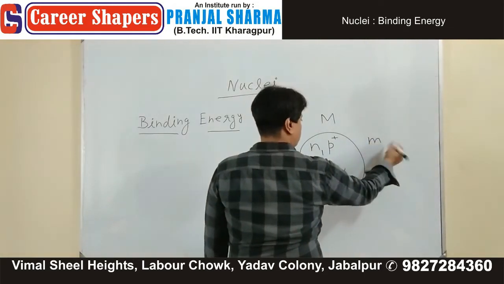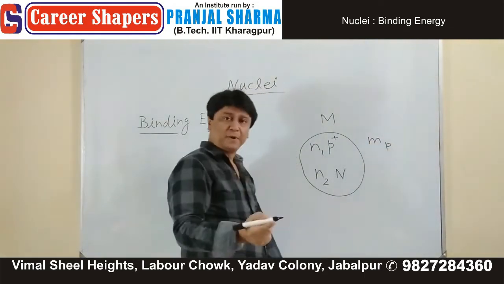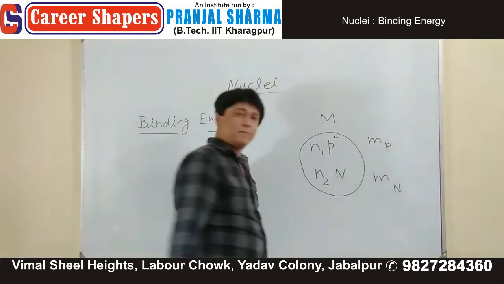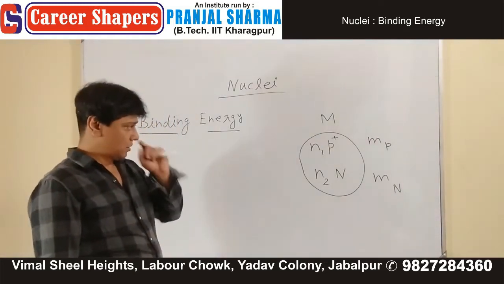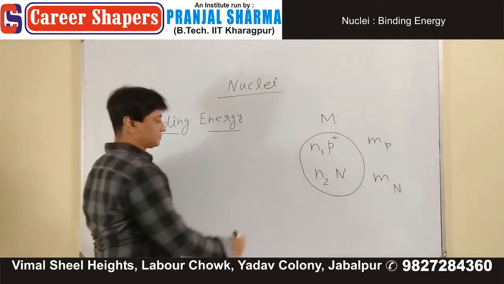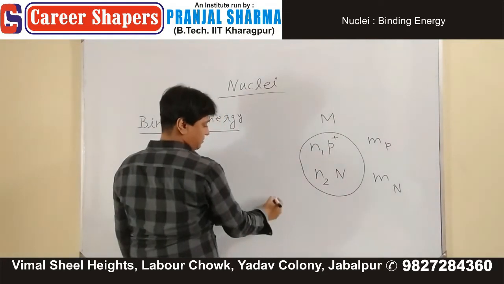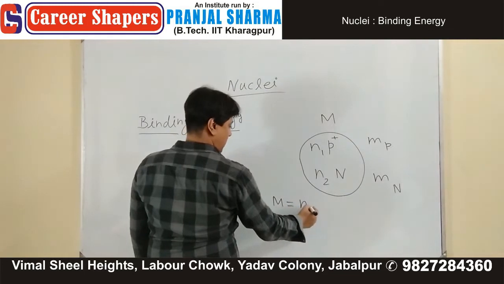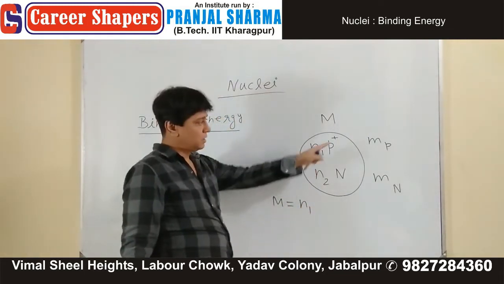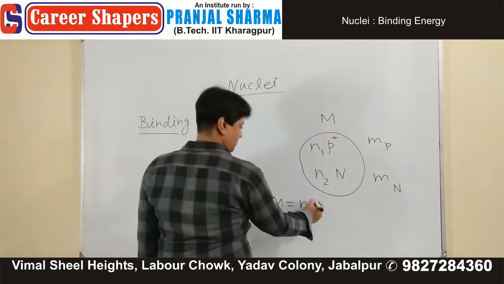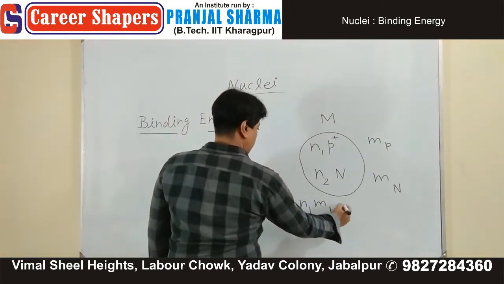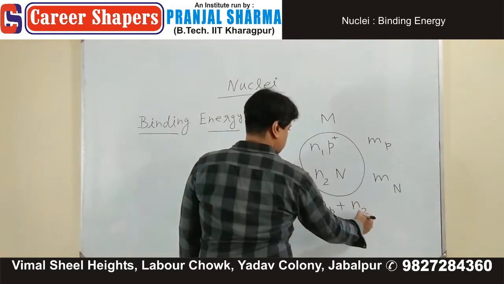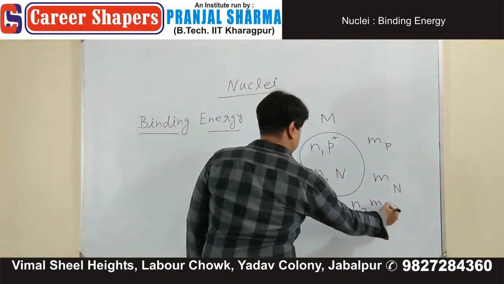Mass of proton, we'll call it Mp. Mass of neutron is Mn. So one would expect that this M should be N1 protons, each of mass Mp, plus N2 neutrons, each of mass Mn.